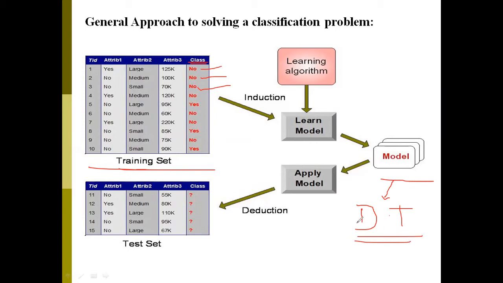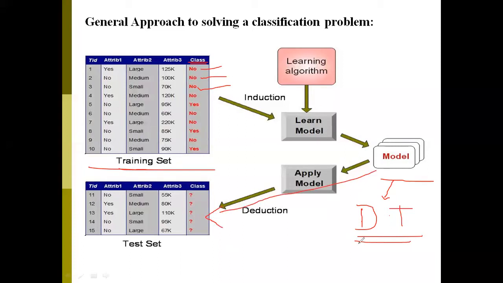This decision tree is constructed by learning or studying this training set of data. After that, this decision tree is applied to another set of data, which is called the test set.